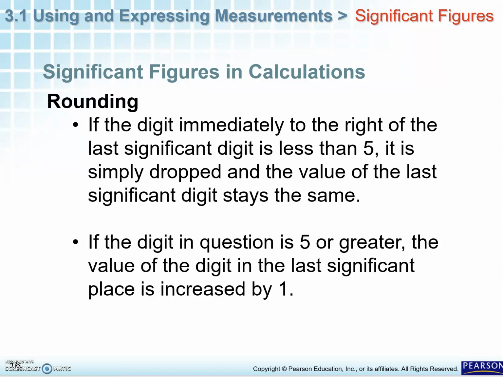So if a digit immediately to the right of your last significant figure is less than 5, you simply drop the rest of those numbers and the value of the last significant digit stays the same. This will make more sense as we practice. If the digit in question is 5 or greater, the value of the digit in the last significant place is increased by 1, and then everything else is dropped off of the number.